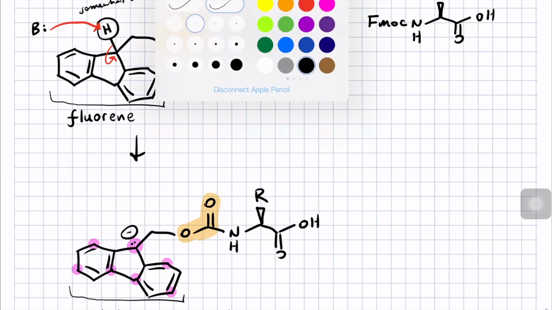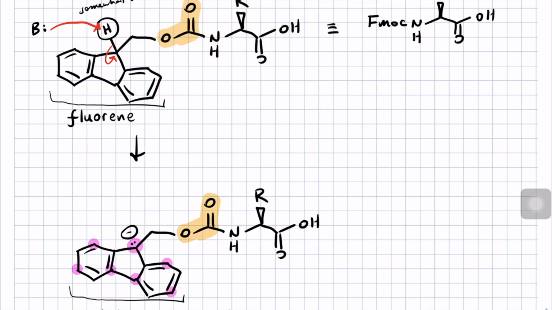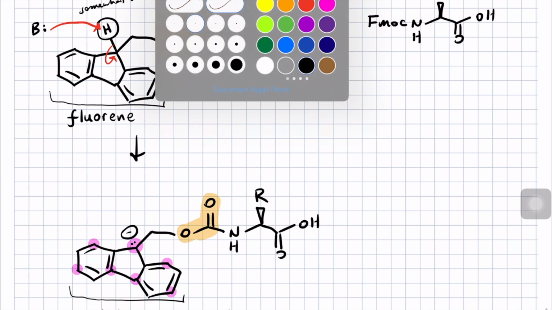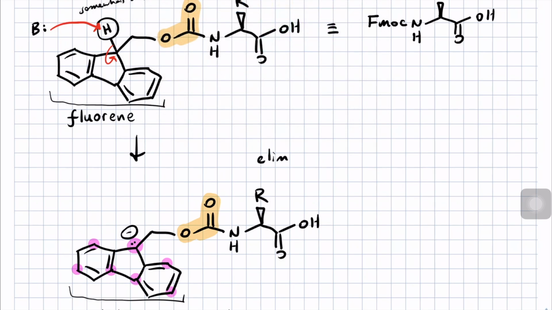removed by a base. Once it's removed by a base, you can do an elimination reaction. We probably would call this an E1CB reaction because you make the conjugate base, and then these electrons kick down and kick off the oxygen as a leaving group, but instead of just kicking off the oxygen, the electrons come here to form a new carbon-oxygen pi bond.